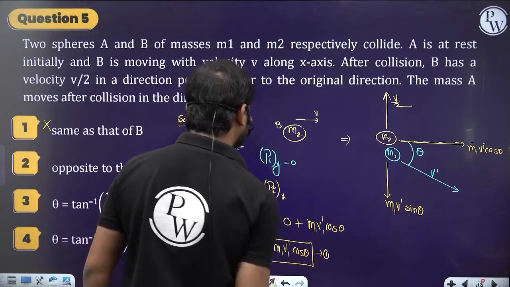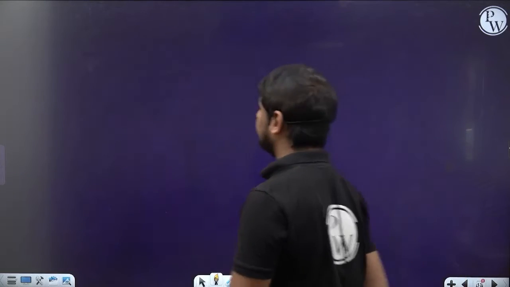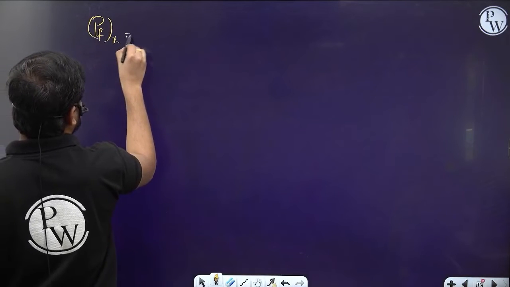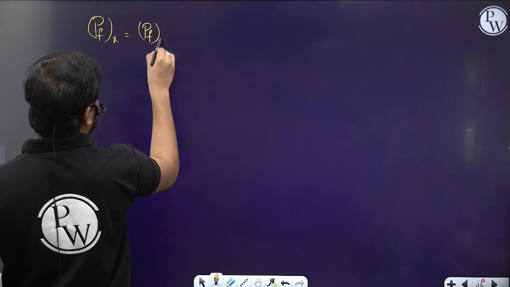Now consider equation 2. Sorry, my bad. The initial momentum in the y direction equals the final momentum in the y direction, pi in y equals pf in y.